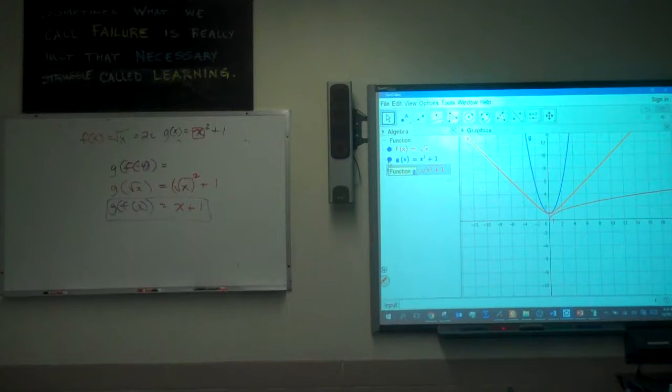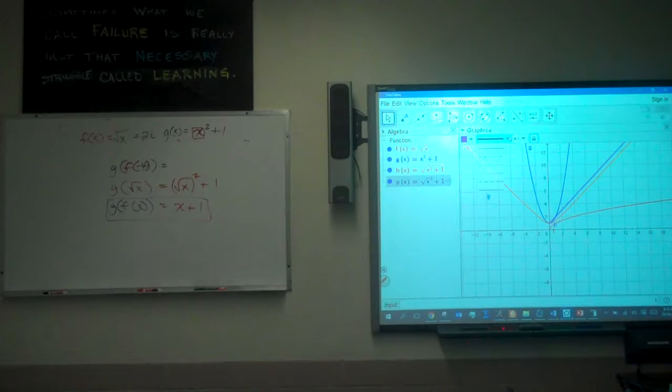And if we graph that, g of f of x, we get that green curve, or green line. Okay, it's a terrible color. It looks pretty good on my computer.